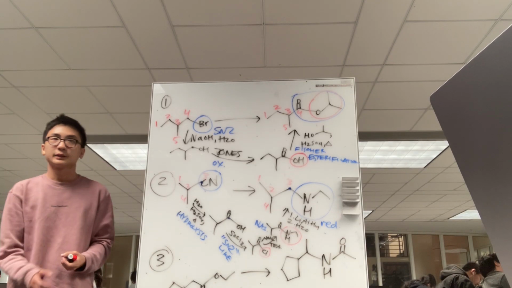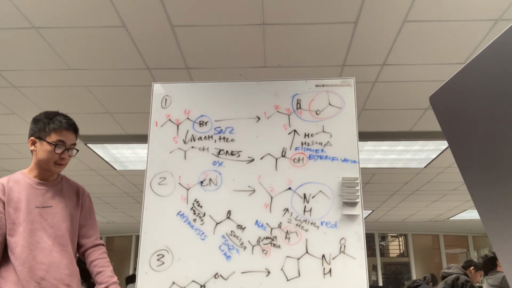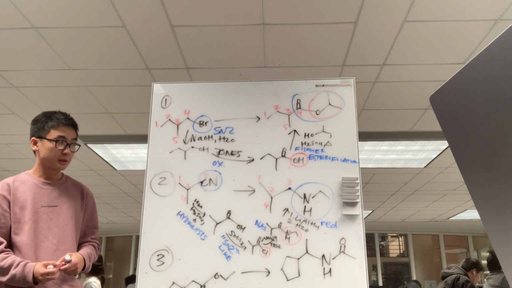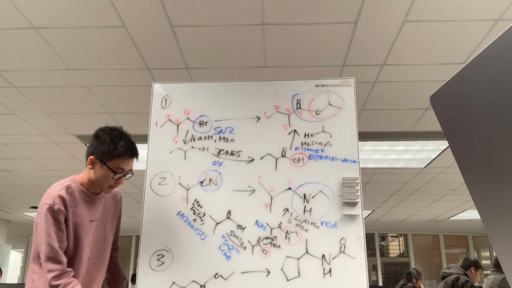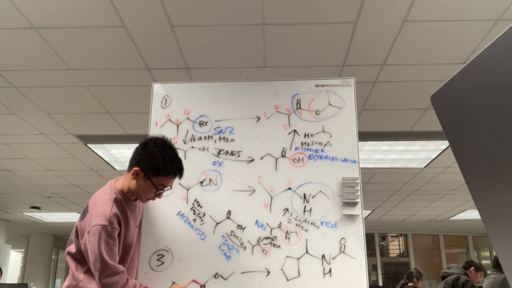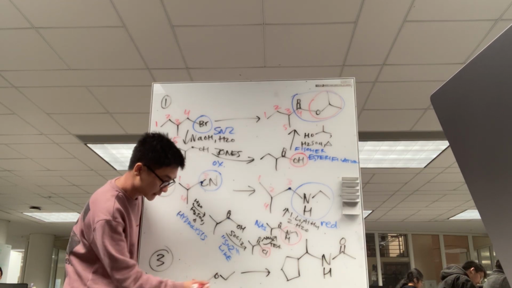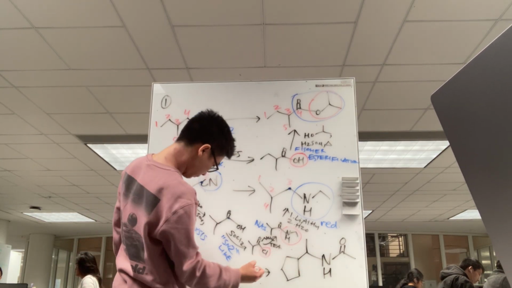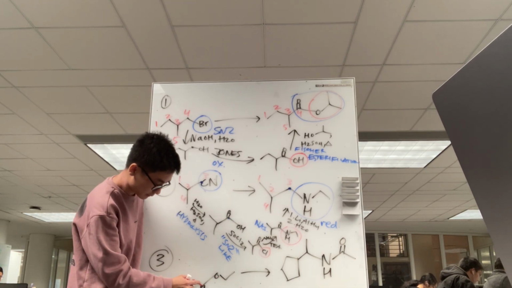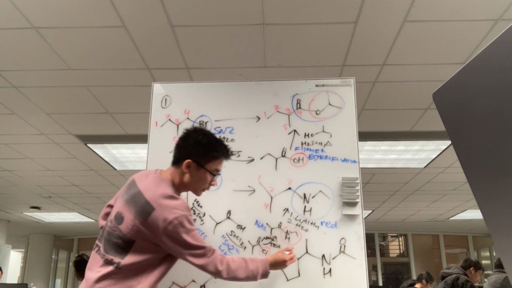Okay. So for this next synthesis problem over here, let's use the same strategy. Find a similarity first, which I'm going to highlight in red, like this, which is this red part of the product right here.